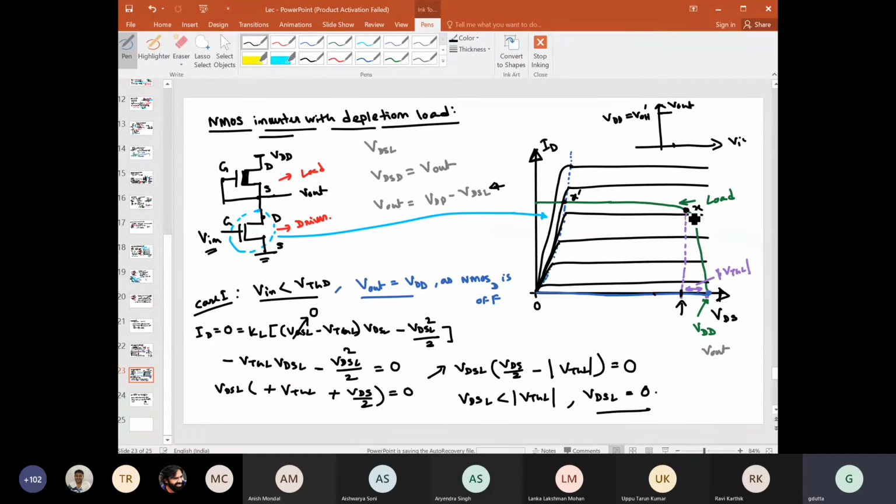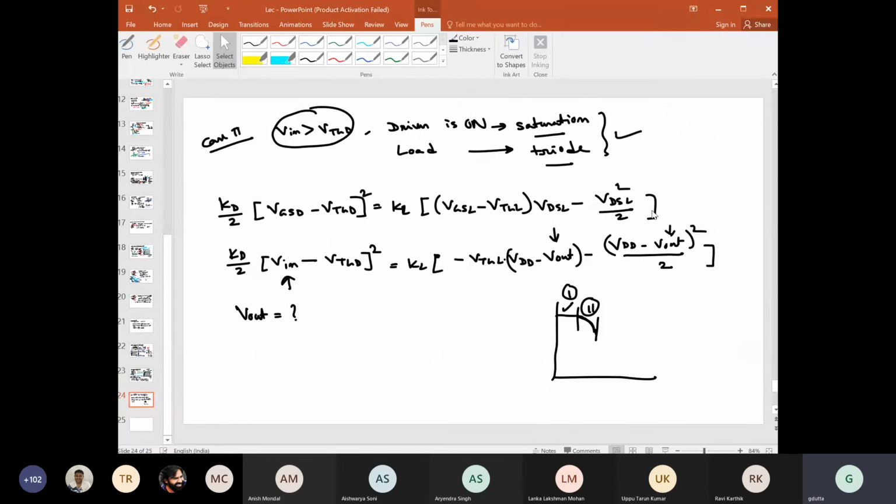Find point X. Then if you know point X, below this Vin, try to find the Vin for which the Vout will be this one, right? If the Vin is now higher than that, then both transistors will now be in saturation, right?